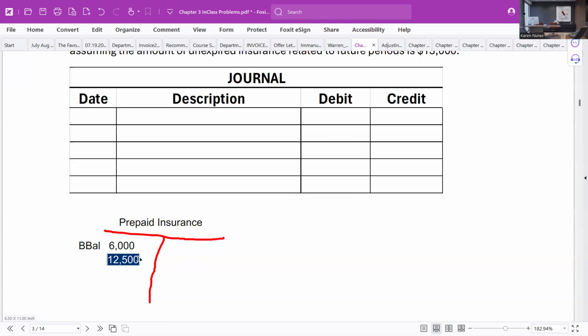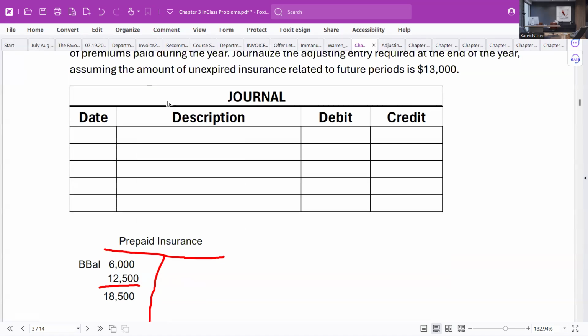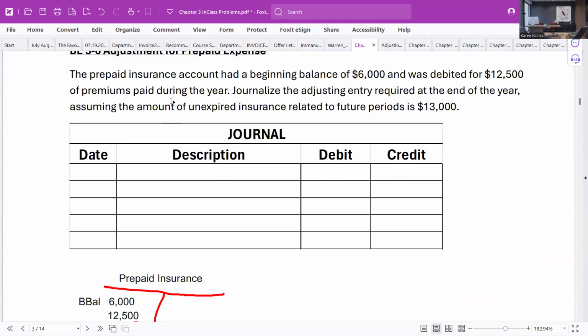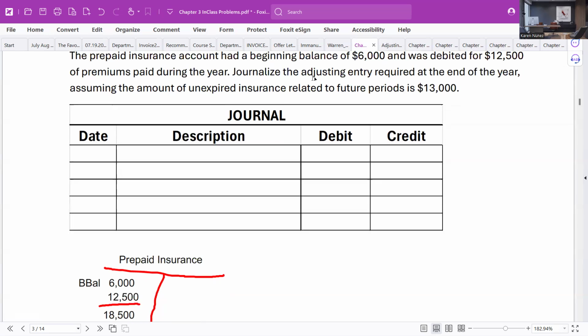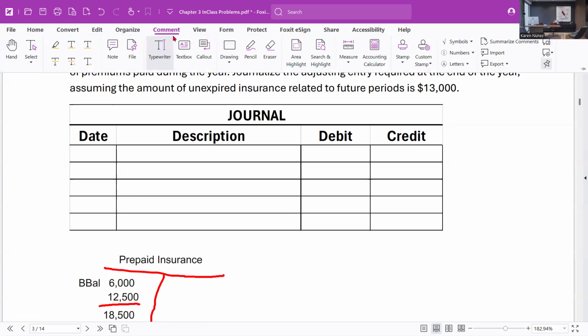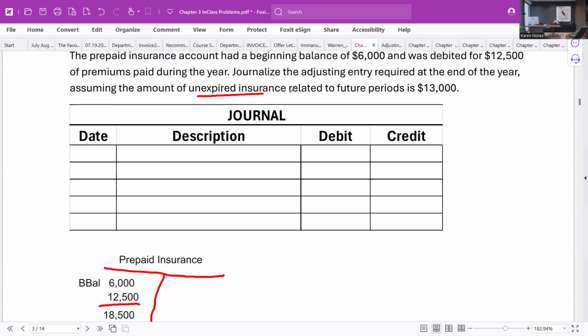And essentially what that means, right? The total, if you add these together, is $18,500. So what we're saying is we've got a prepaid insurance account that has a total of $18,500 in it, right? That's the sum of those two. But what's happening is we get to the end of the period and they tell us that an adjusting entry is required because the amount of unexpired insurance that relates to future periods is only $13,000.